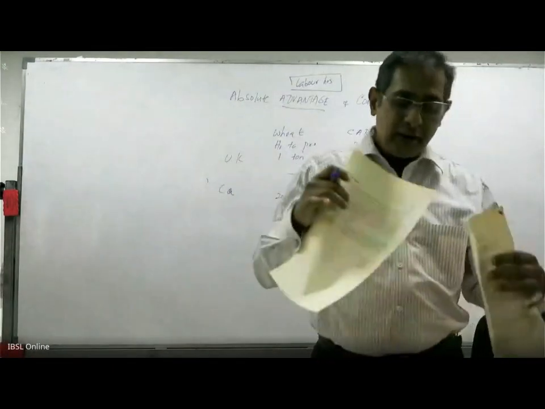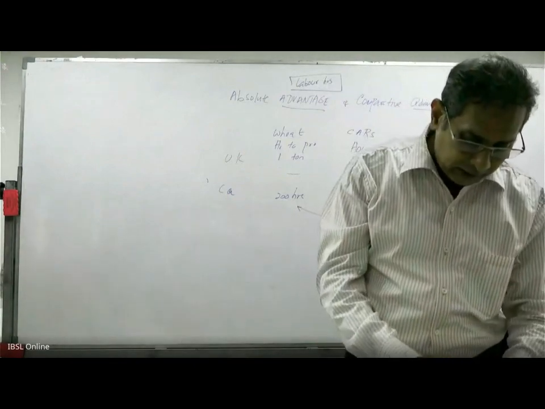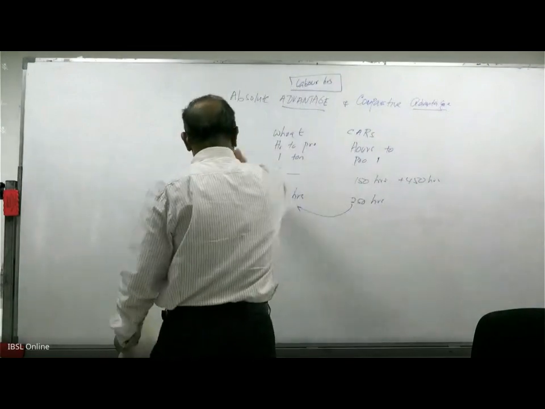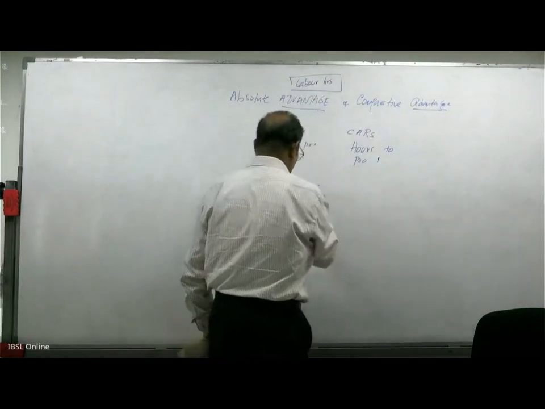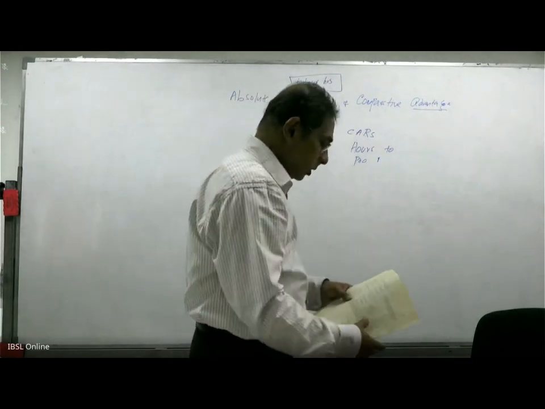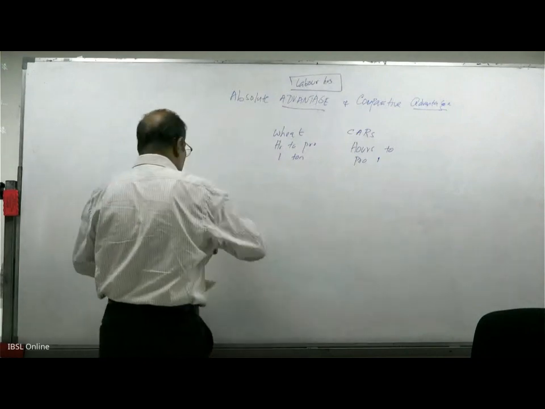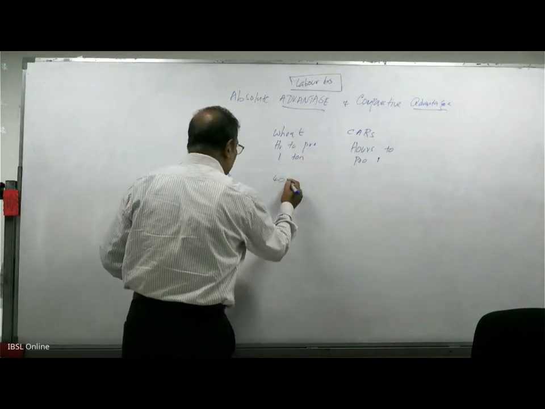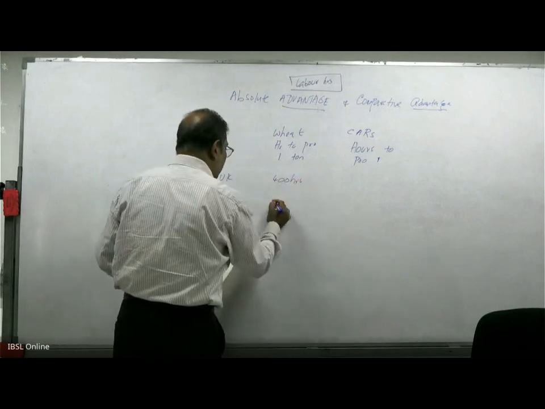Right. Now look at the other case. The other case is slightly complex. Wheat hours to produce 1 ton: UK, 400 hours, Canada, 200 hours.